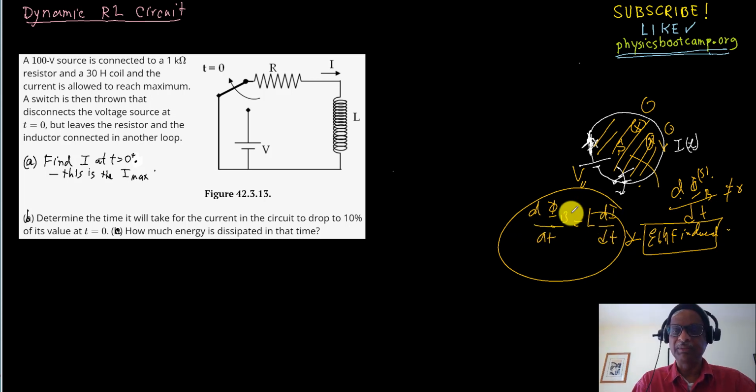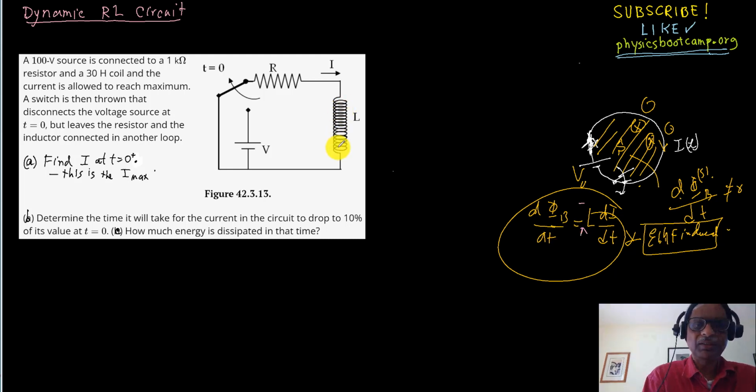To take that, if this is going up, the current is going to go in the opposite direction, and so you just put a minus sign here, minus L di dt. Okay, so this is the physics origin of it.